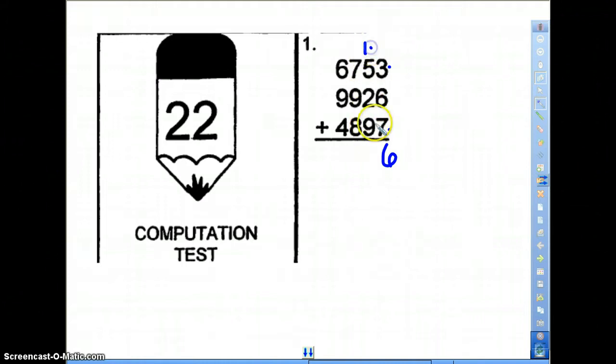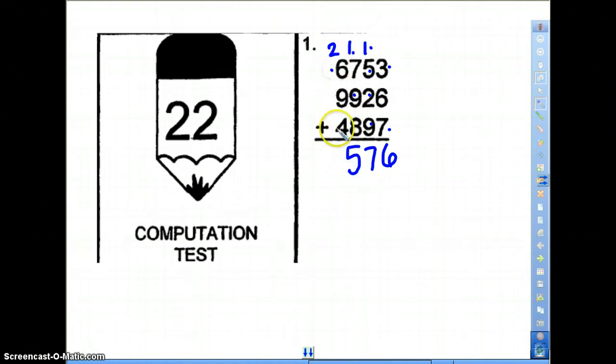Okay, can we make a group of 10 out of this column here? Yeah, we can with the 1 and the 9. That makes 10. There's 5 and 2, that's 7. So 10 plus 7 is 17. Can we make a group of 10 in this column? Yeah, with the 1 and the 9. That makes 10. The 7 and the 8 make 15. So 10 plus 15 is 25. And let's see, group of 10 here.